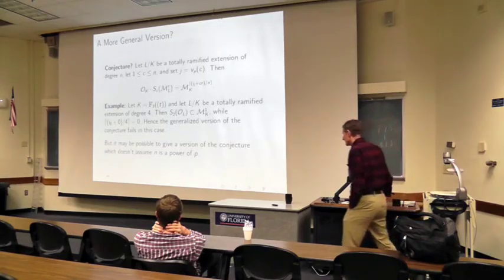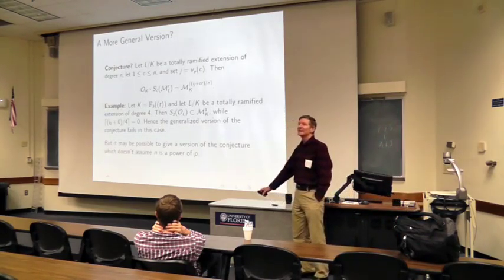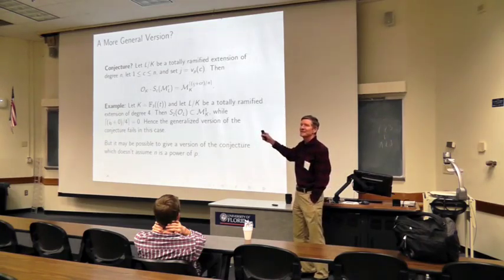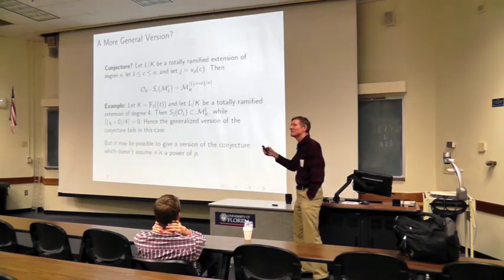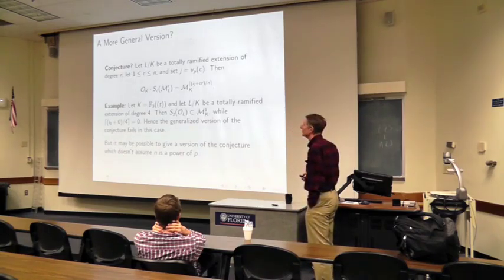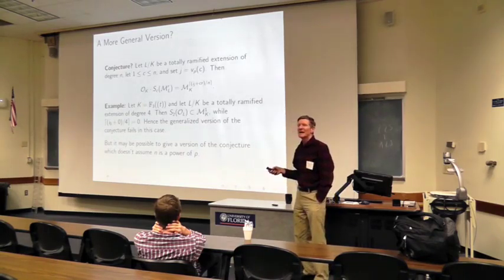Okay, so maybe I'll say one more thing, which is that the reason I think this may be interesting or significant is that the j equals 0 case, I sub 0, is essentially equivalent to knowing what the different of the extension is.